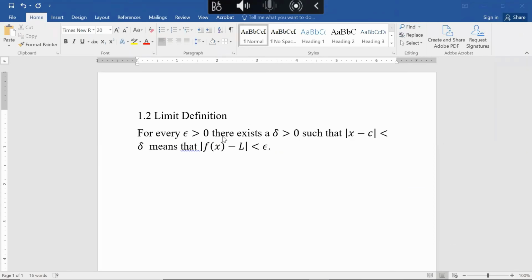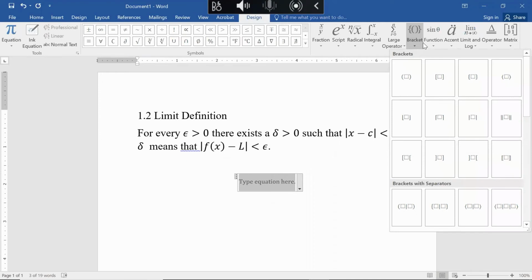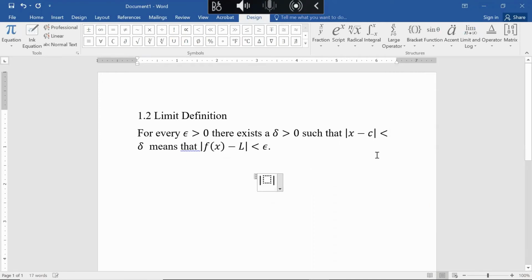So here we are. Now we know our epsilon that we want is going to be 0.1. So we start out by setting the absolute value of g of x within 0.1 of -4.